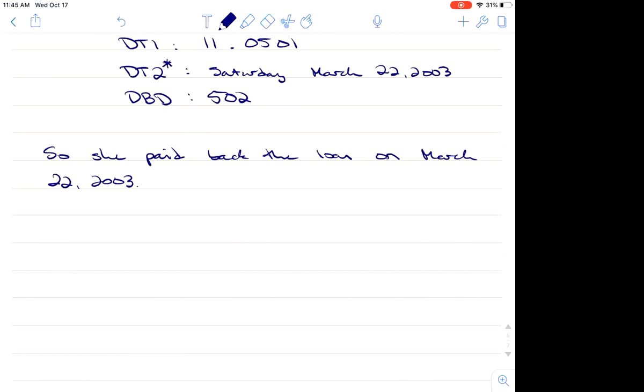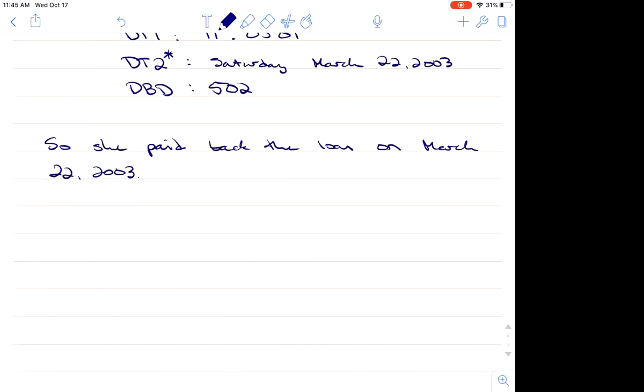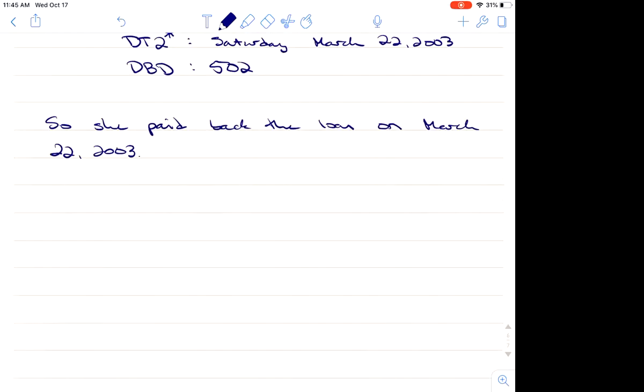Okay, so next we're going to start talking about equivalent payments. Section 4.6 is on equivalent payments.